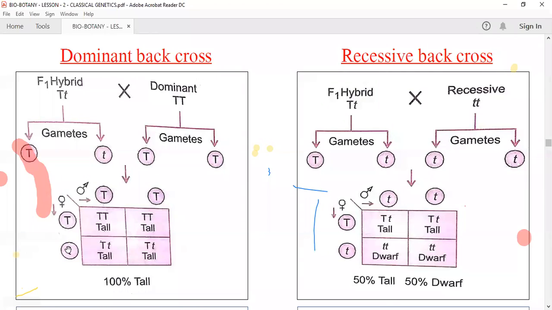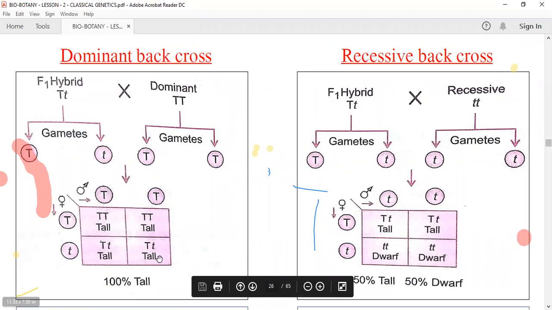So capital T small t, and here capital T and capital T. This is a tall plant, and here tall. All the progeny are tall plants. So this is 100% tall plants. And then let us see the recessive back cross.